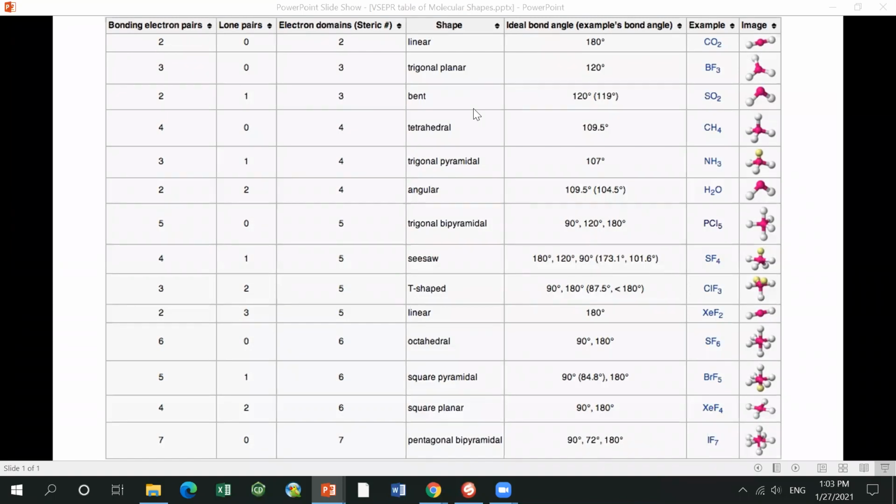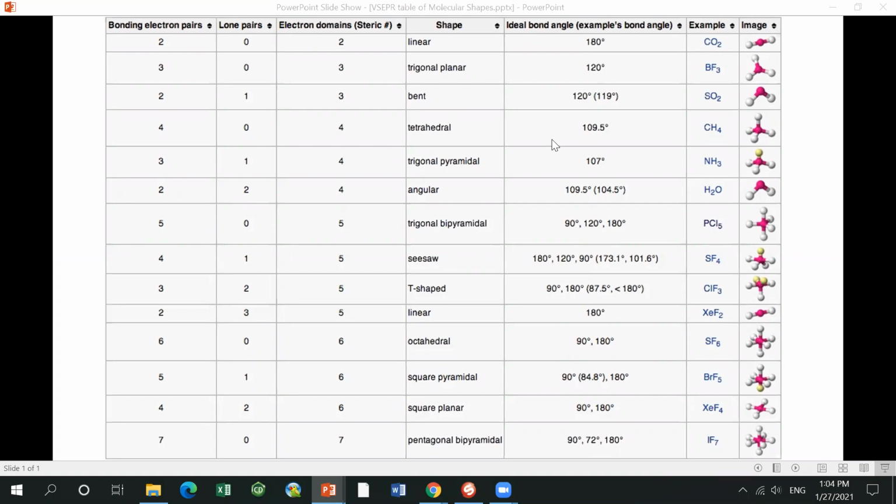Last time we talked about using VSEPR theory to predict molecular shapes. Here is a very good chart showing all the different molecular shapes, with their bond numbers and lone pair electrons. Based on that, you can predict the bond angles and the molecular shapes, and it even gives some examples.